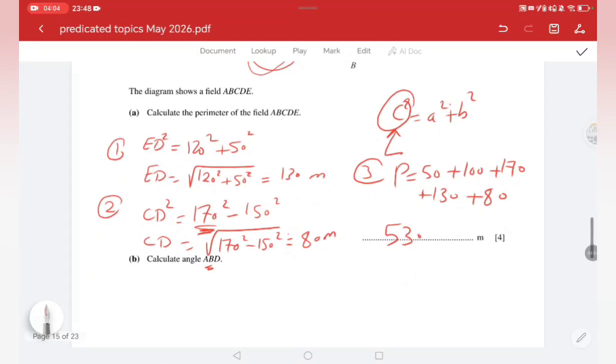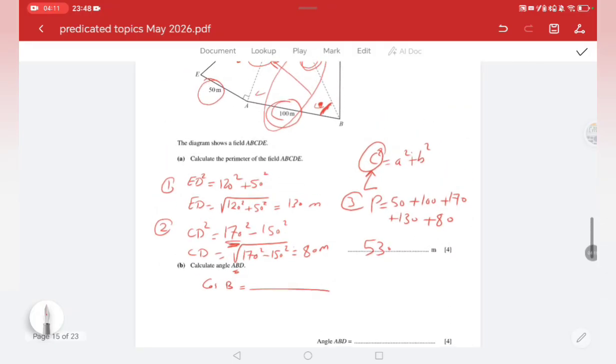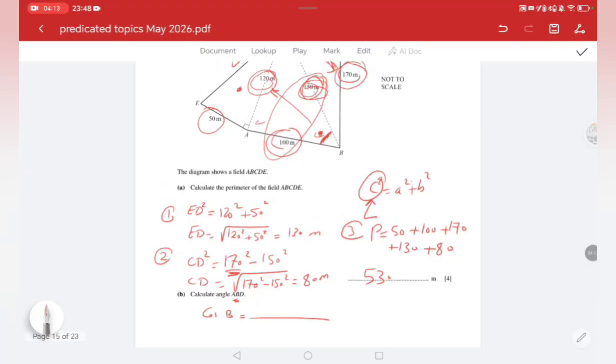Cosine B equals the two sides of this cosine B, the two sides are those two sides: 100 squared plus 150 squared minus the third side 120 squared, divided by 2 times this one times this one.